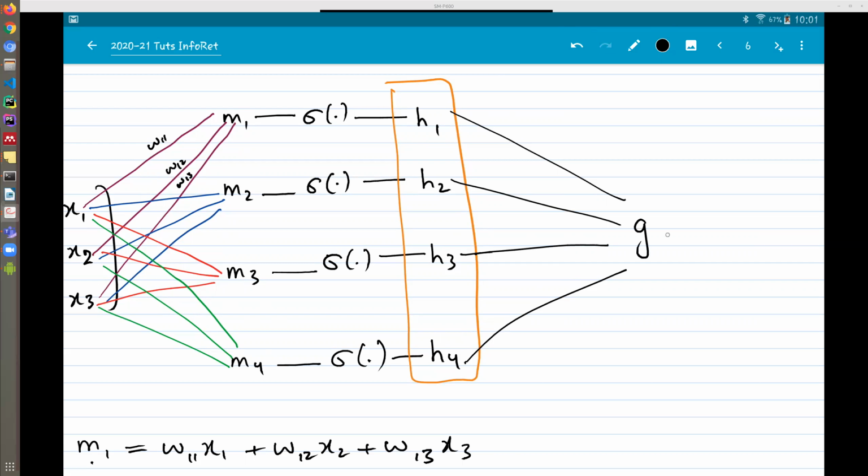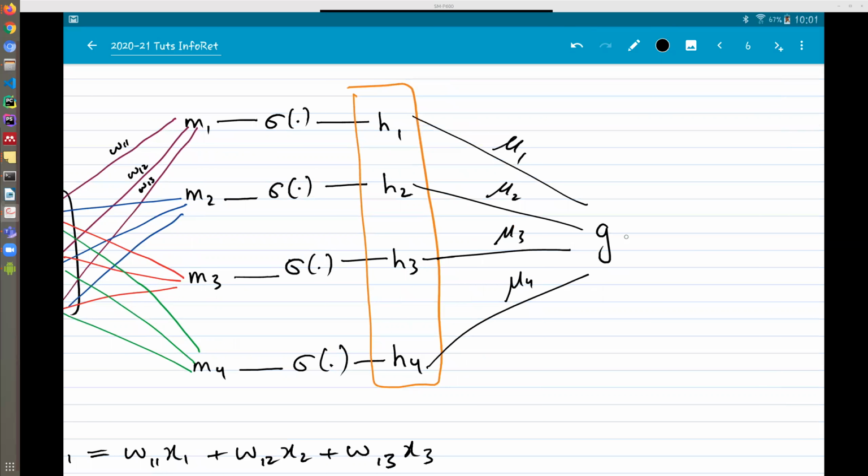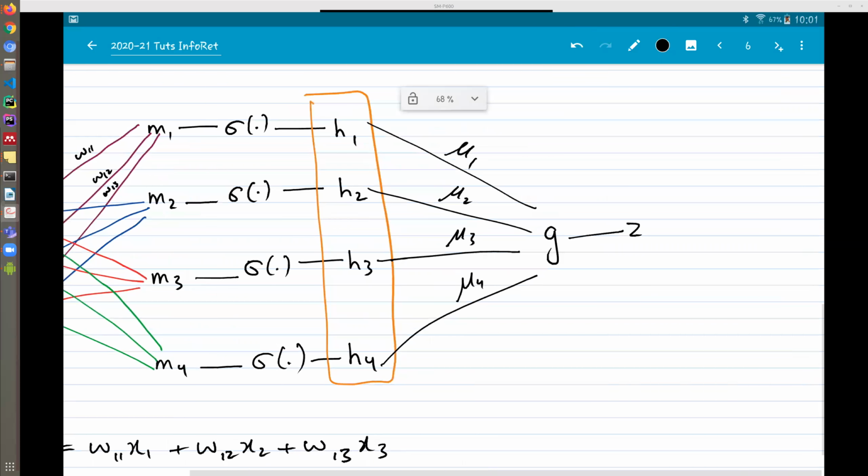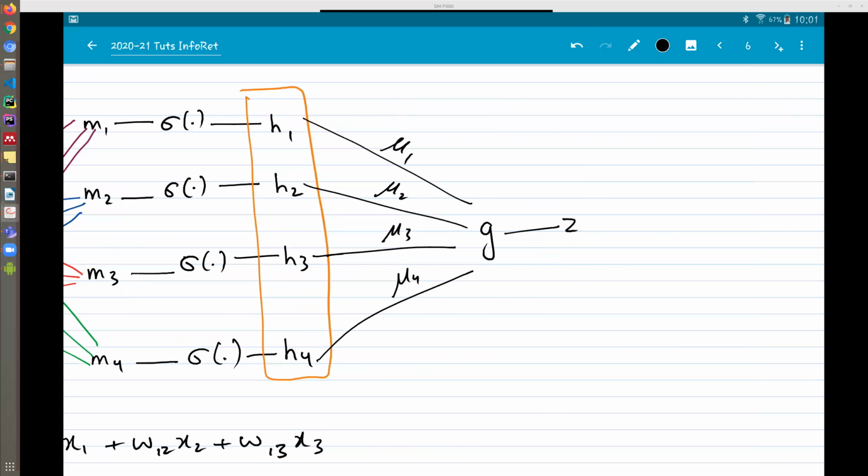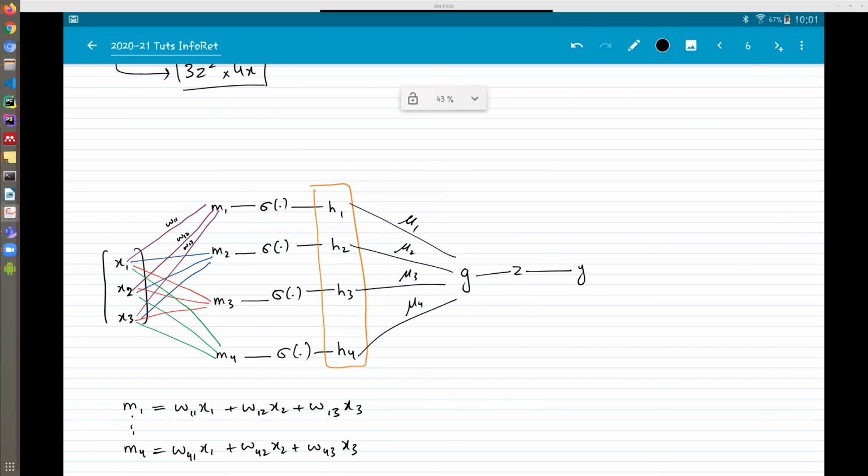So we have a function g here, and here we have weights, let's say mu1, mu2, mu3, mu4. And these are just different names that we are giving so that we know where we are when we are doing back propagation or forward propagation, so to say.